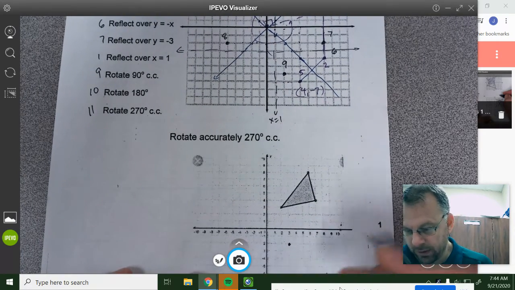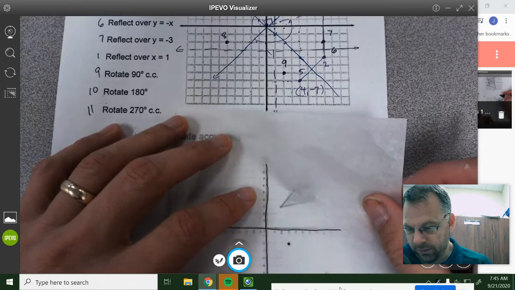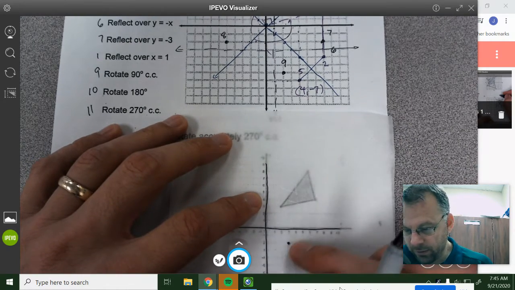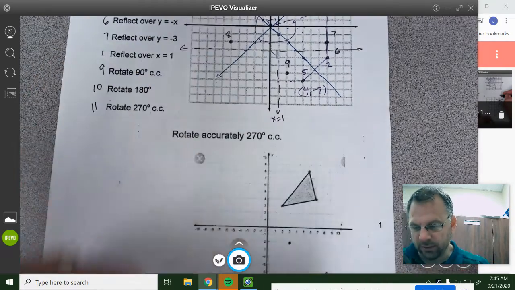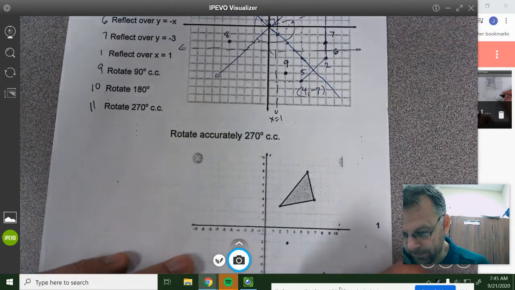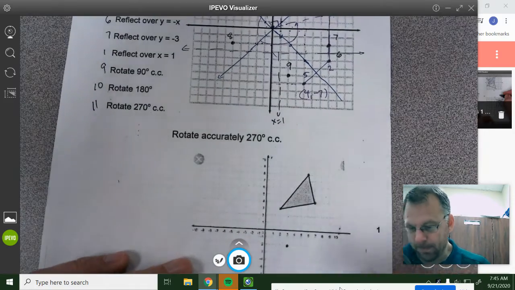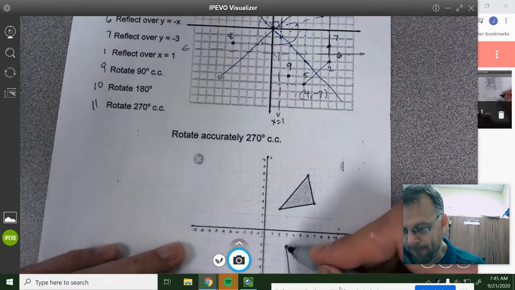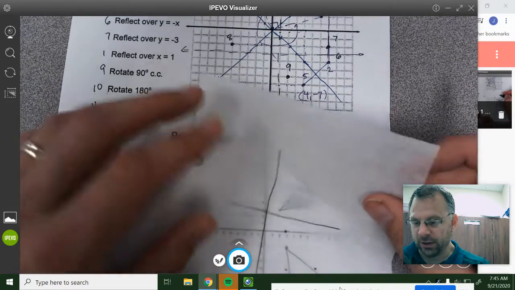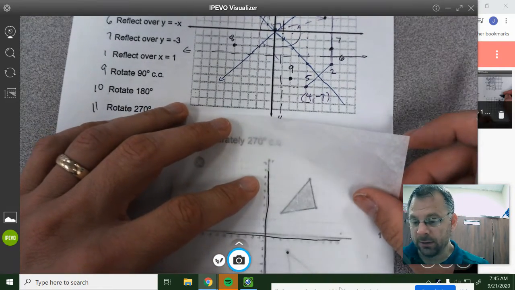Looks like right about there. And yep, that seems right. And then the third point is 4, -7. Let's check that and make sure it looks right.